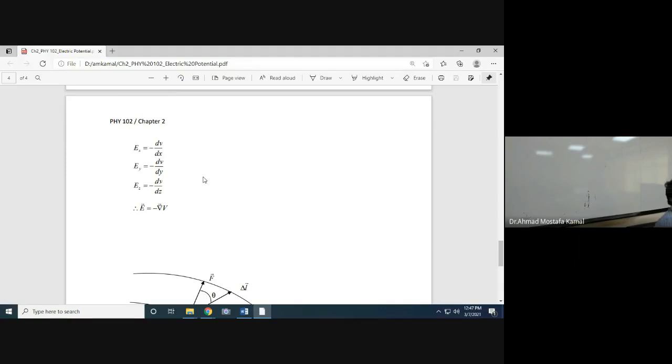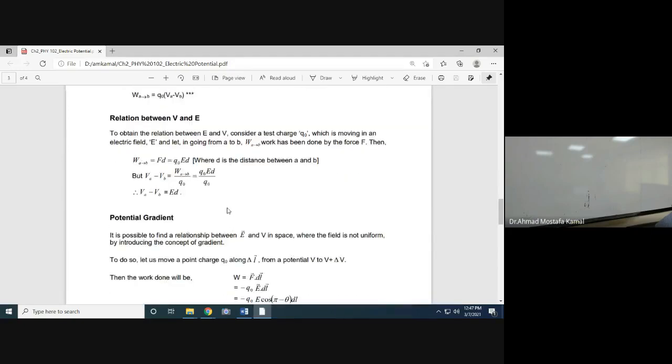If you differentiate something in three dimensions, that is this operator. So you can write that E is equal to minus del V. Simply, for the x component dV/dx, y component dV/dy, z component dV/dz.